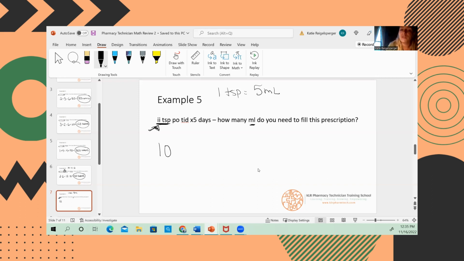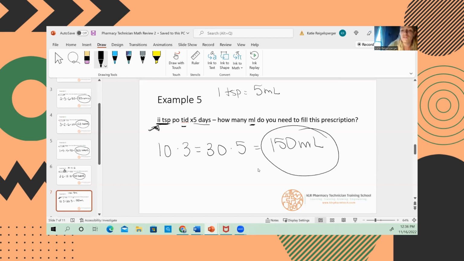How many times a day do we take 10 milliliters? 3. 10 times 3 equals 30. How many days do we take 30 milliliters a day for? 5 days. 30 times 5 equals 150 milliliters. You need 150 milliliters to fill this prescription.